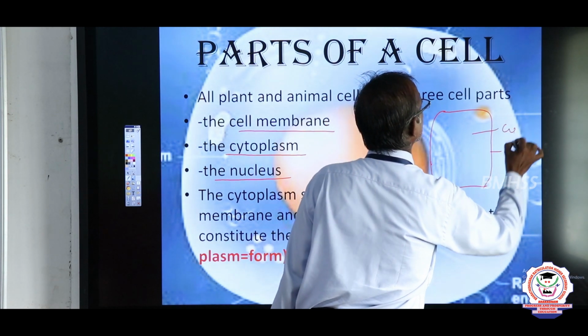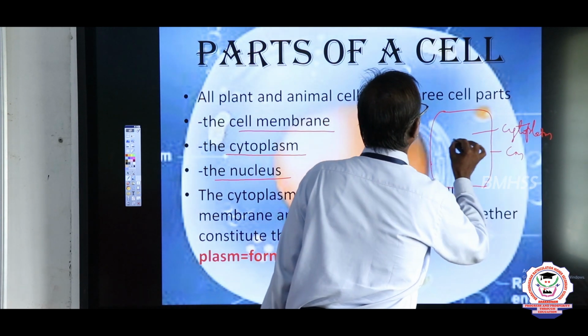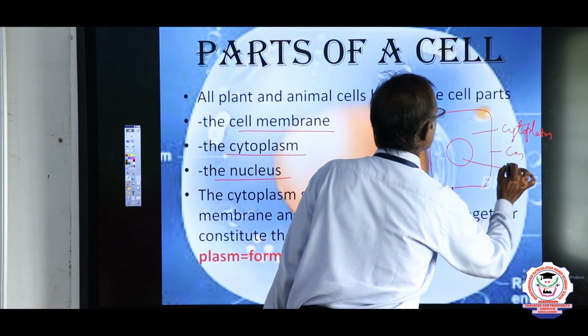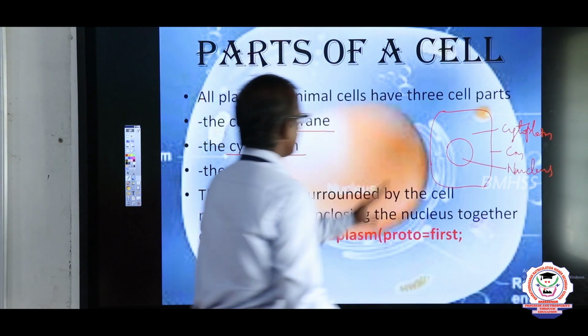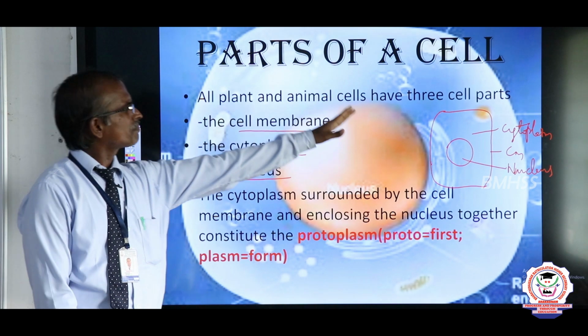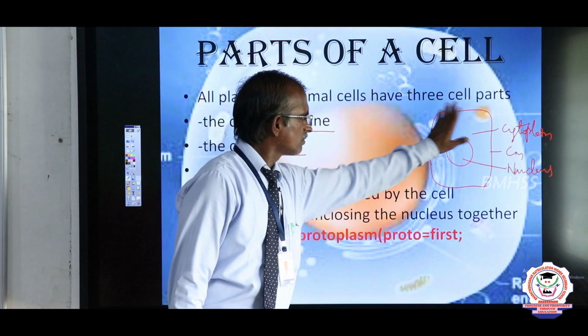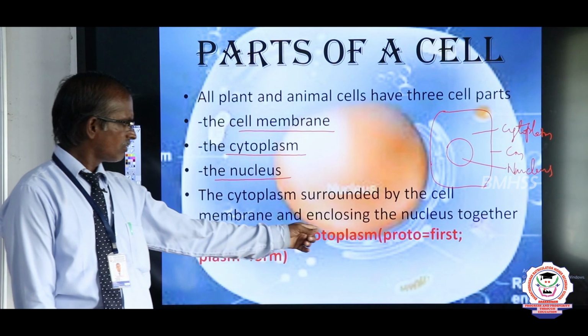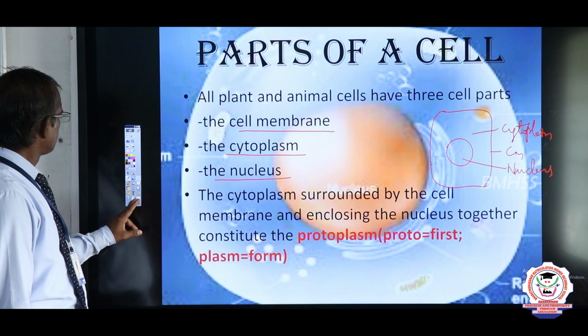This is the cell membrane, this is the cytoplasm, and it encloses the nucleus. These structures are the parts of a cell. This is entirely filled with life-giving material known as protoplasm. Proto means first, plasm means form.